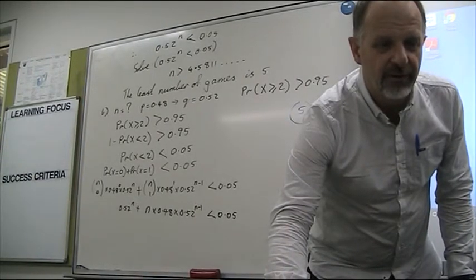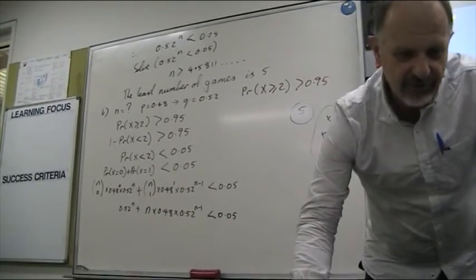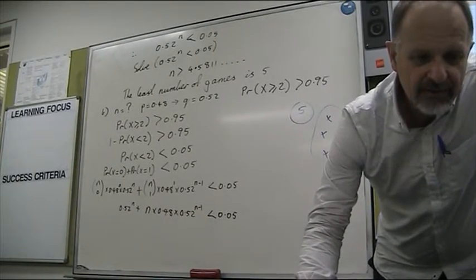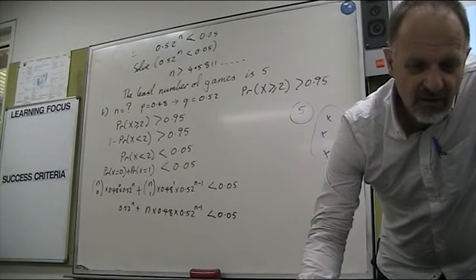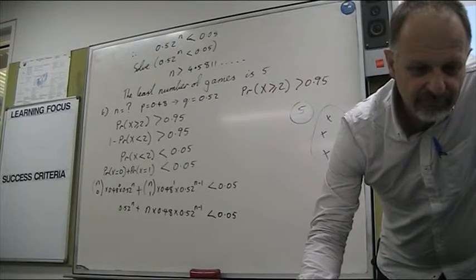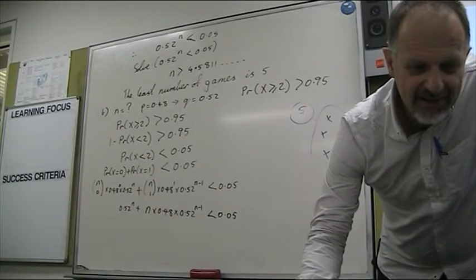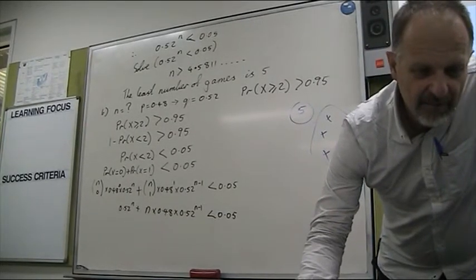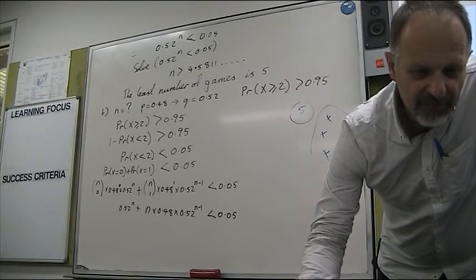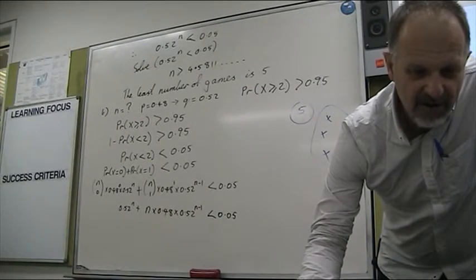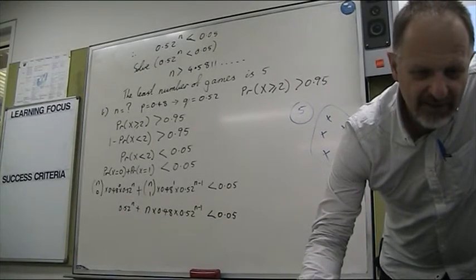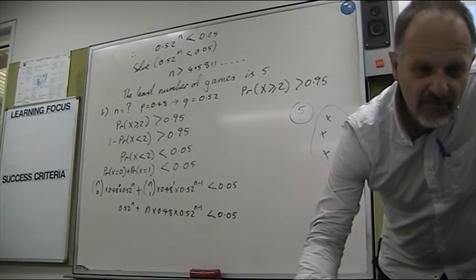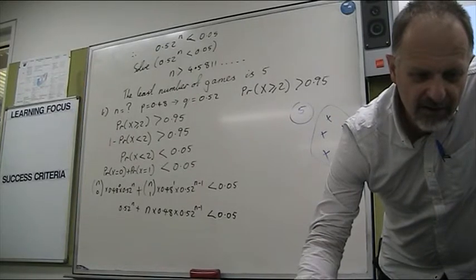Alright, so I want to solve 0.52 to the power of n plus n times 0.48 times 0.52 to the power of n minus 1, and I want that to be less than 0.05. Give me n, please.